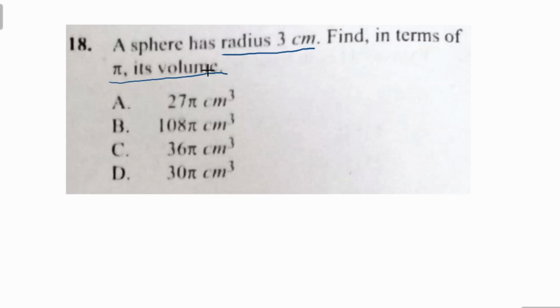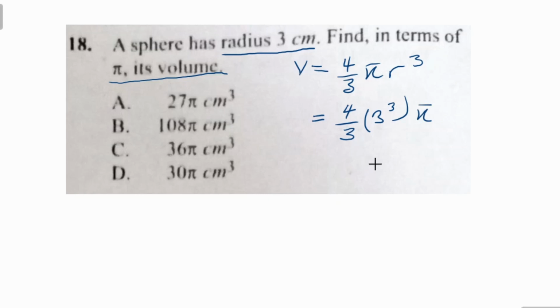So since we spoke about volume, it will be important for us to write the formula for the volume of a sphere, which is V equals 4/3 pi r cube. So we are just going to substitute the value of the radius into this, and that becomes 4/3 multiplying 3 cubed, then I bring the pi to the last.